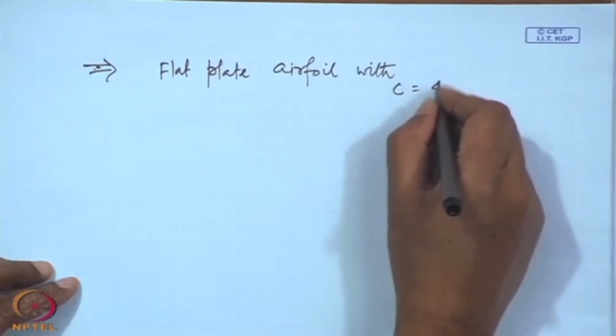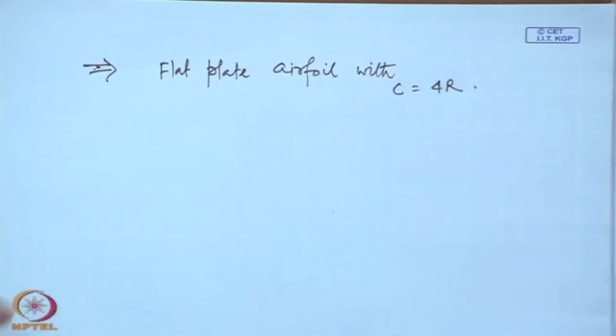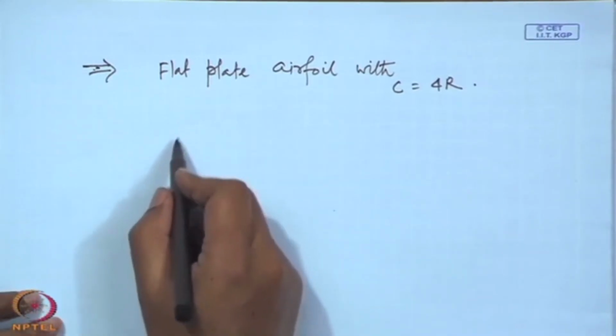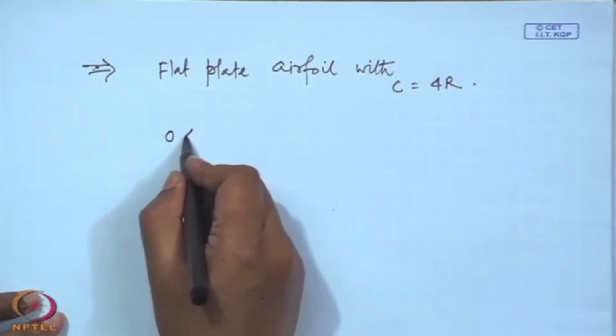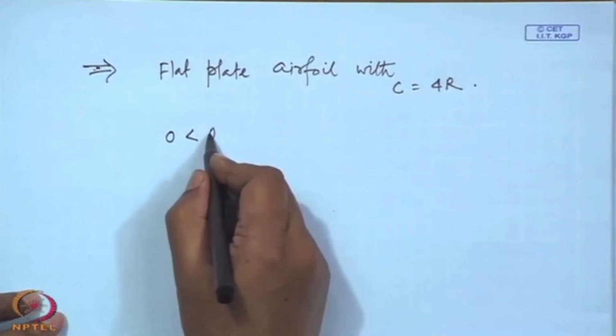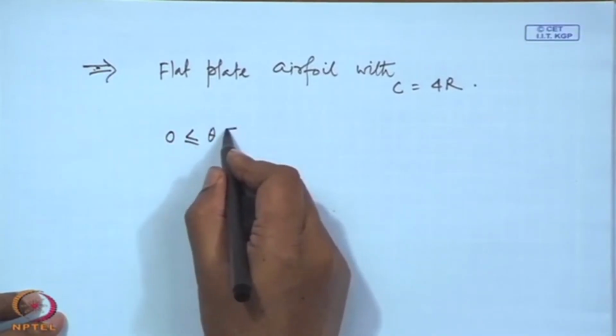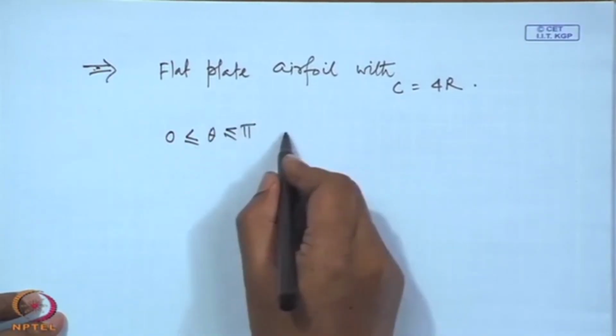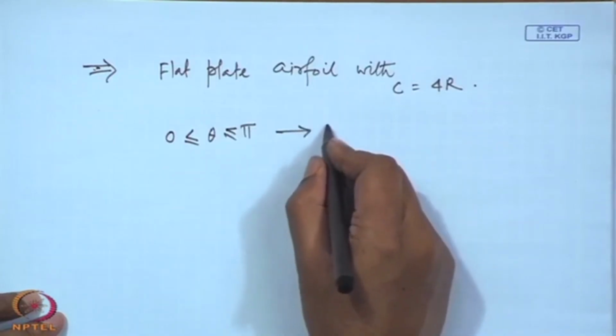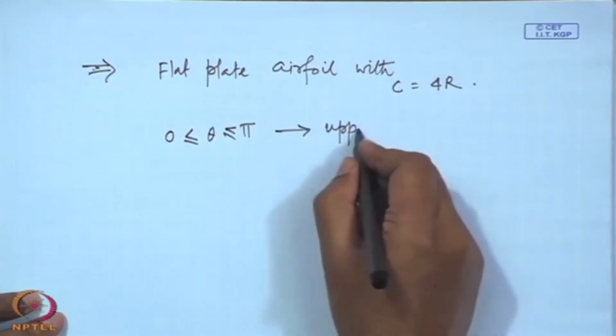Chord equal to 4 r, this corresponds to the upper surface of the flat plate.